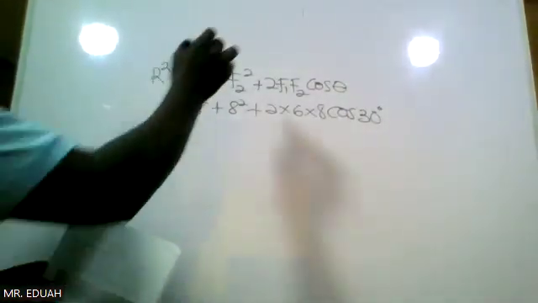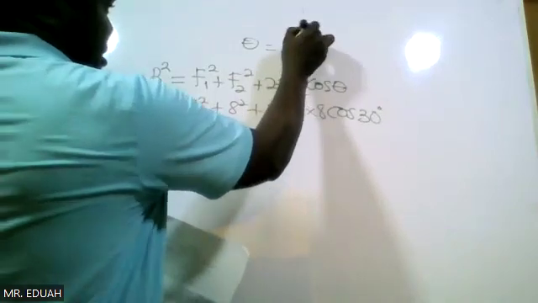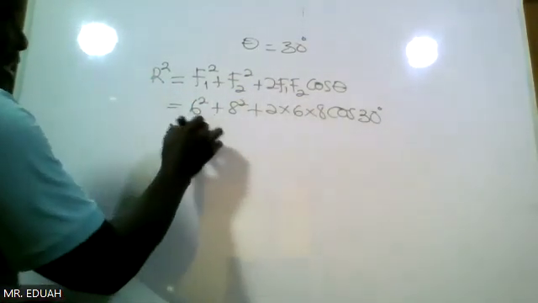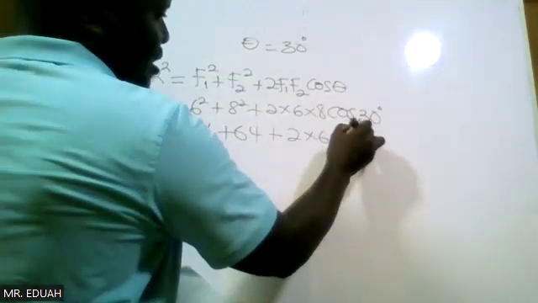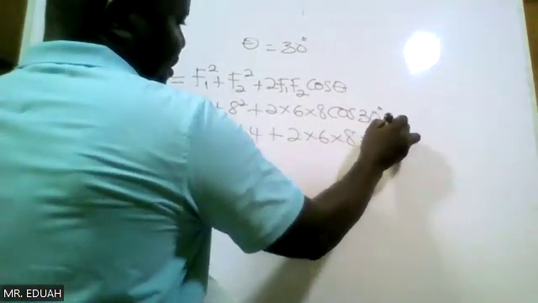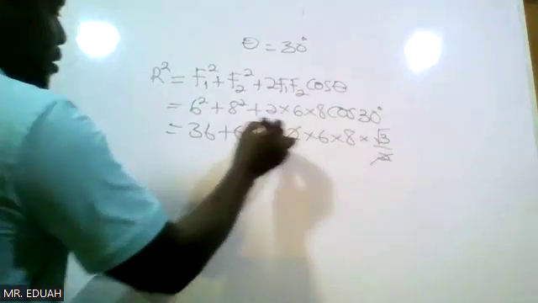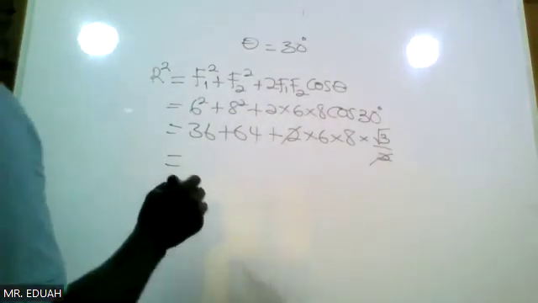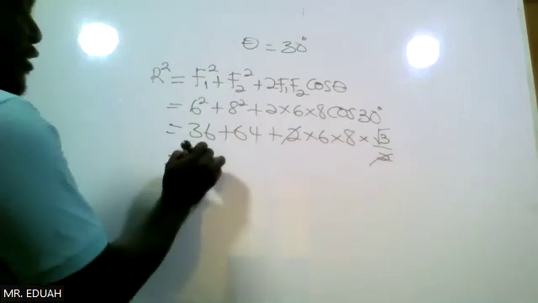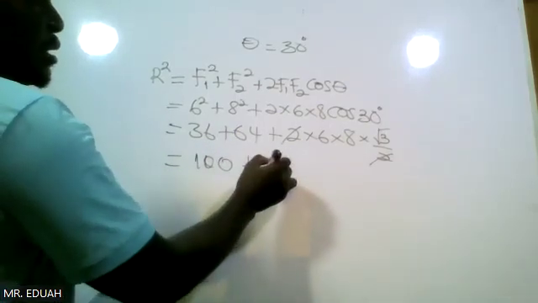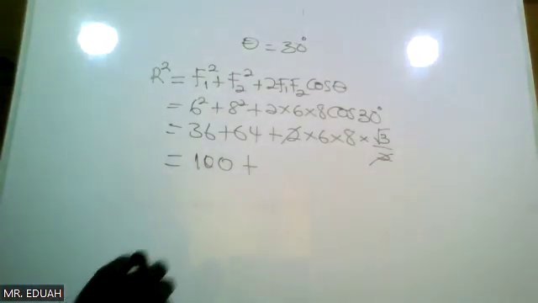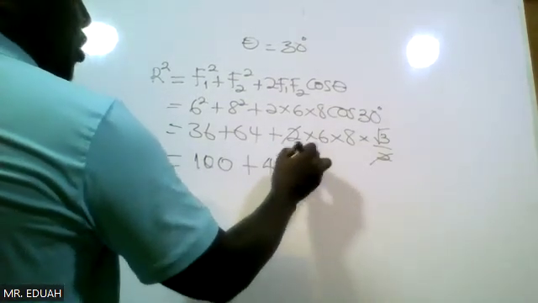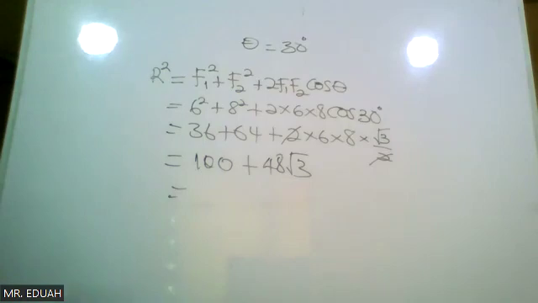The angle is not there, but I'm assuming theta is 30 degrees. So we have 36 plus 64 plus 2 by 6 by 8 cos 30, which is root 3 on 2. So we have 100 plus 48 root 3.